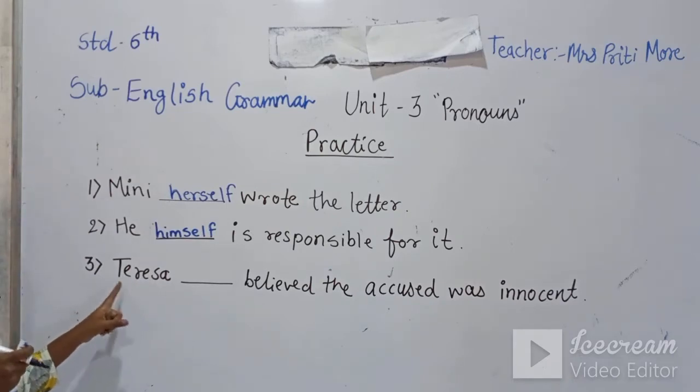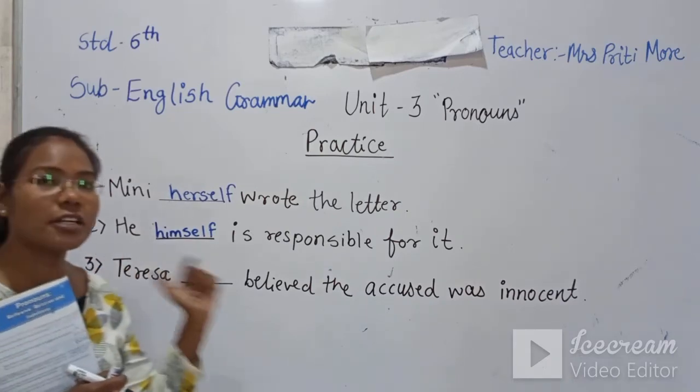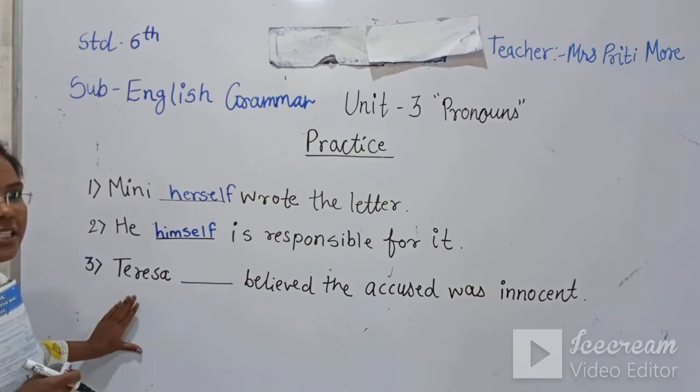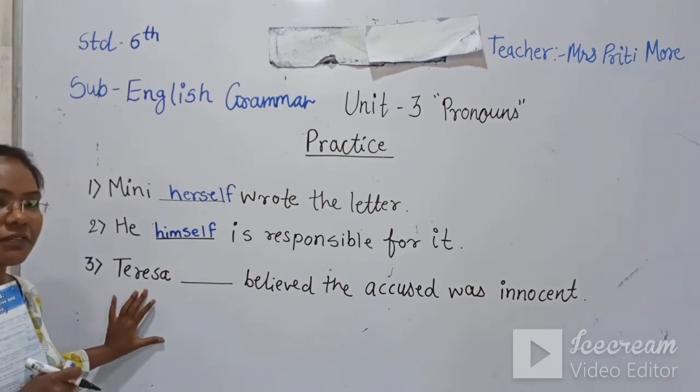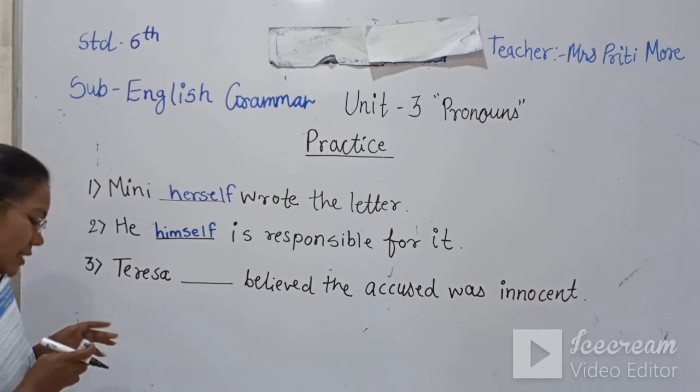Now Teresa. This Teresa is also third person, and it is a girl's name. So for Teresa we will use she, and for she, which reflexive pronoun do we use? Herself.